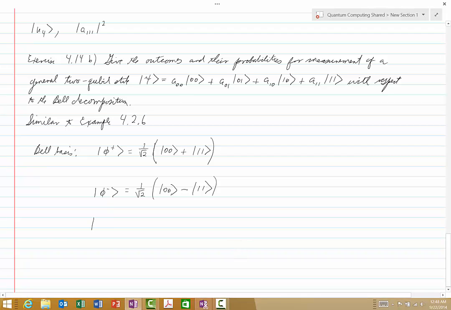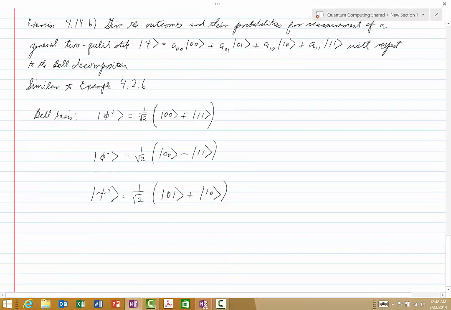C plus, which is 1 over square root of 2, 0, 1 plus 1, 0. And then finally, C minus is 1 over square root of 2 times 0, 1 minus 1, 0.